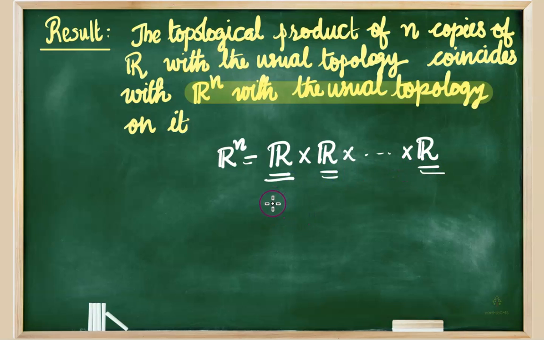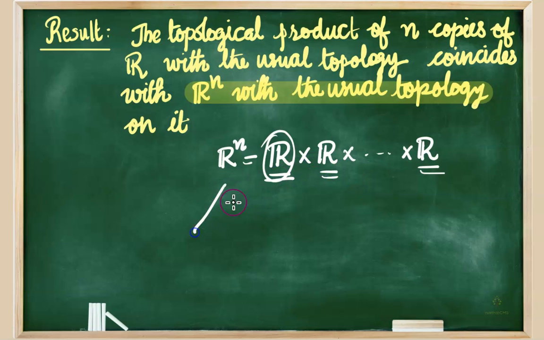We can consider the usual topology defined on each of these spaces R, and we know how to construct the product topology on the Cartesian product of n spaces.